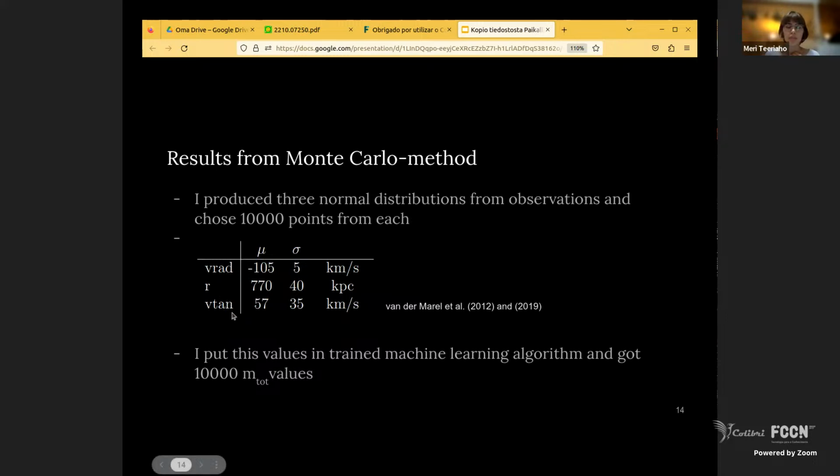And then we can put that data into the trained machine learning algorithm, and we will get 10,000 mass values corresponding to the 10,000 rows of the kinematic data. And this is called the Monte Carlo method because we are randomly using points from the normal distributions.